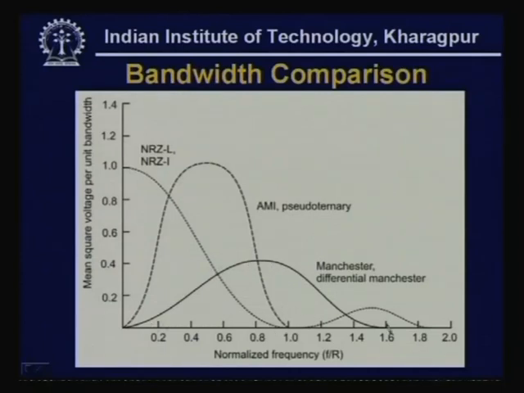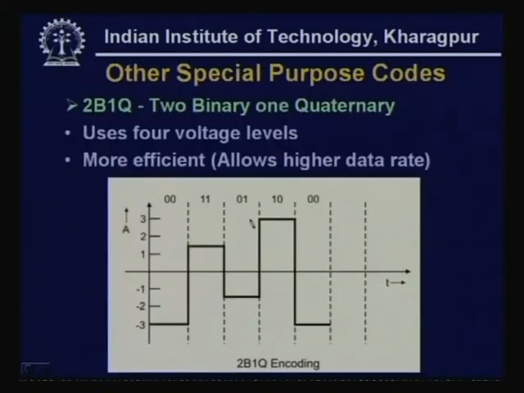However, it has got higher bandwidth. However, the AMI and pseudo ternary have got lesser bandwidth and they have got very good frequency spectrum. Most of the energy is centered around the middle of the frequency and there is no DC component, as you can see. So, this is the bandwidth comparison of the different encoding techniques that we have discussed.